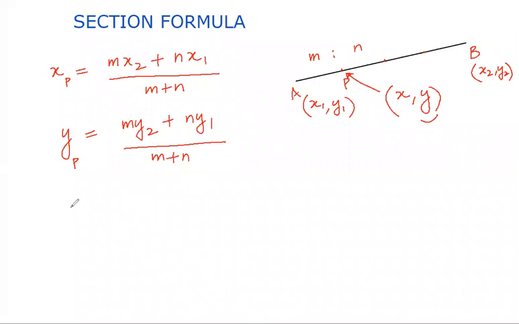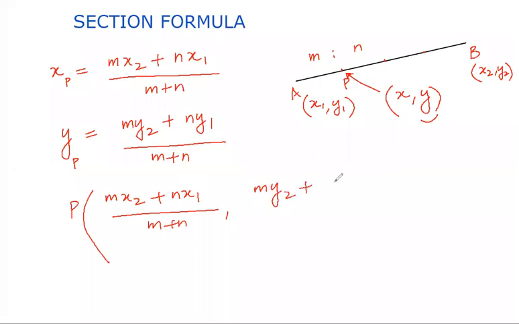So we can say the coordinates of point P are: the abscissa is mx2 plus nx1 divided by m plus n, and the y coordinate is my2 plus ny1 divided by m plus n. All right, students.